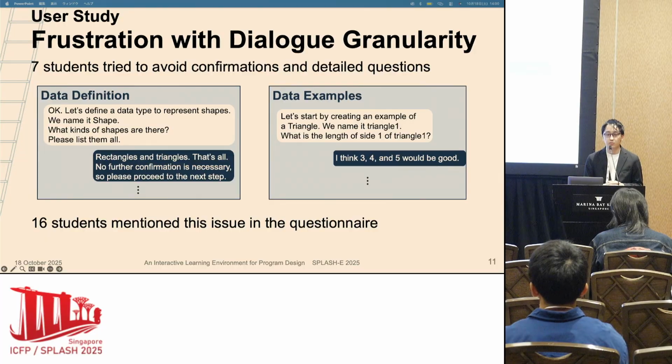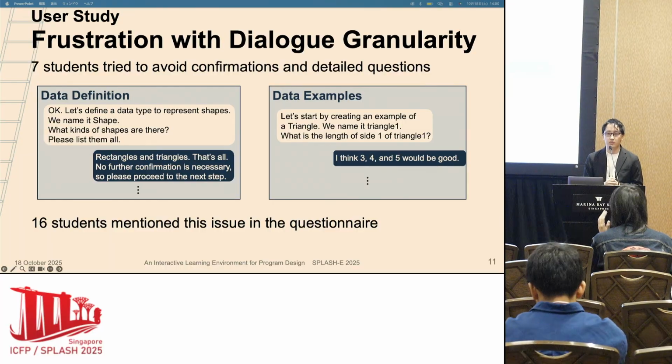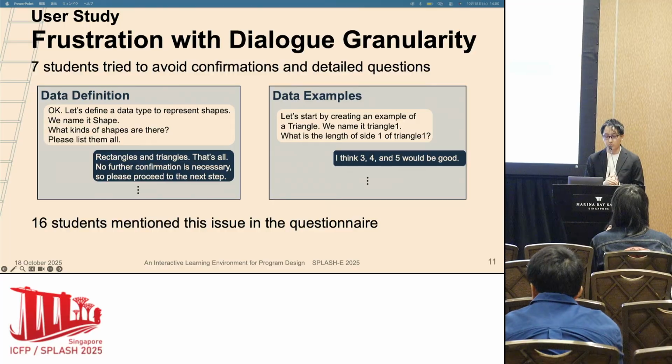Second, some students gave several answers at once, predicting the next questions. For instance, in the data example step, when asked about the length of the first side of a triangle, a student answered all 3 sides together, 3, 4, and 5.